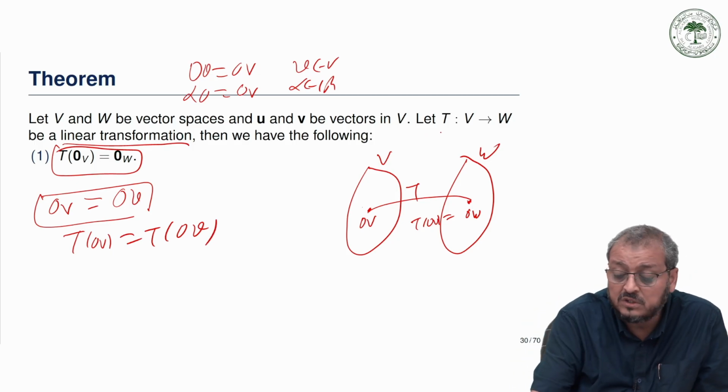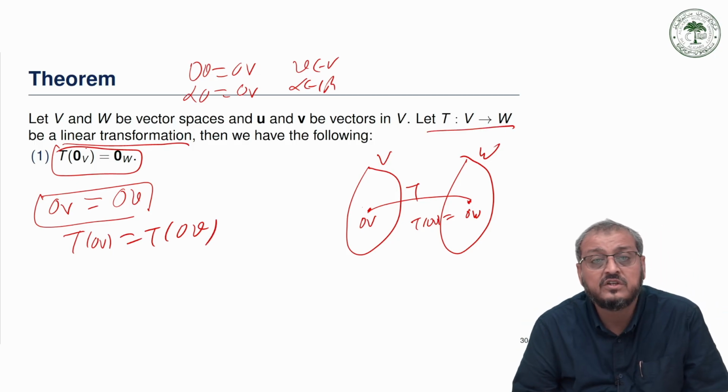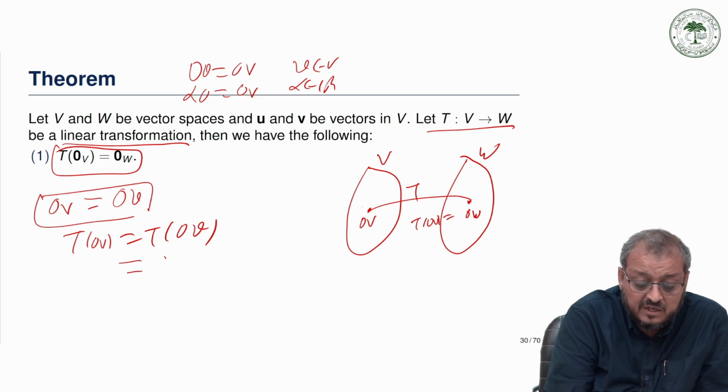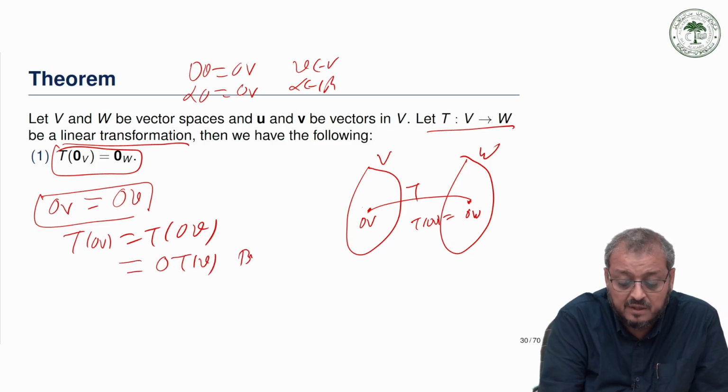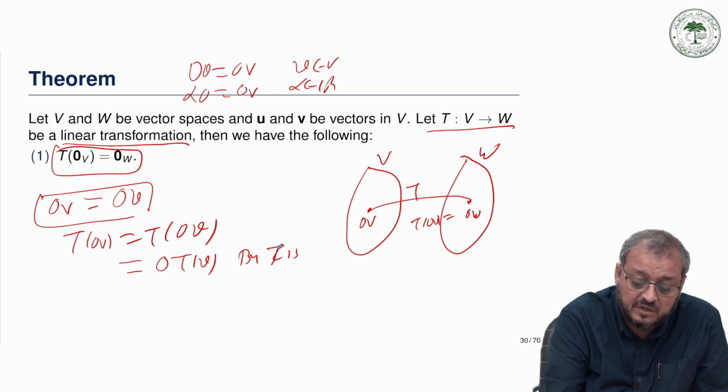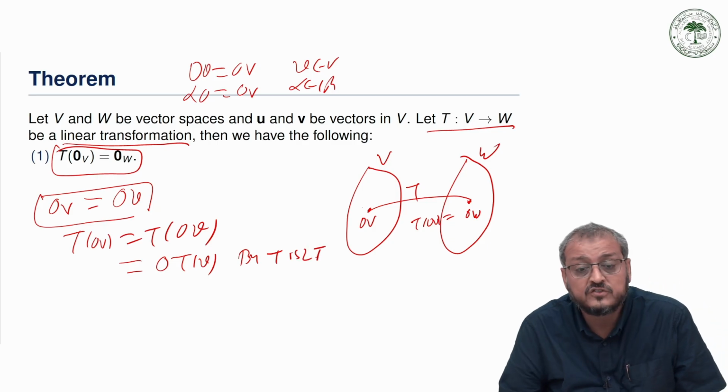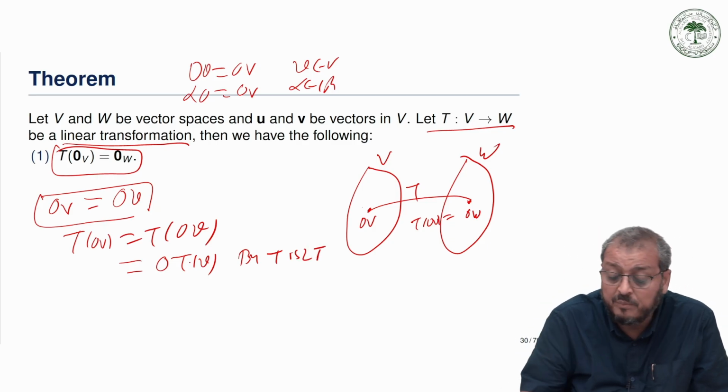Because T is a linear transformation, by the linearity condition this can be written as 0 times T of v.